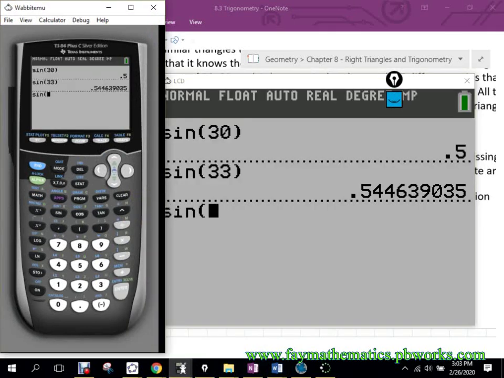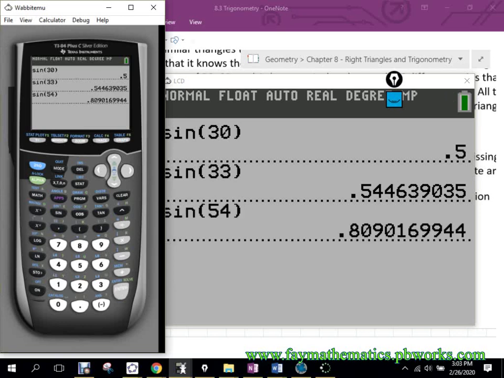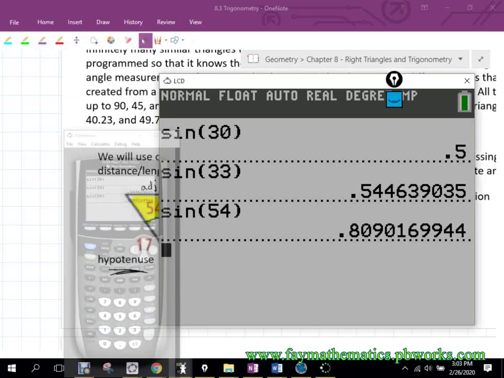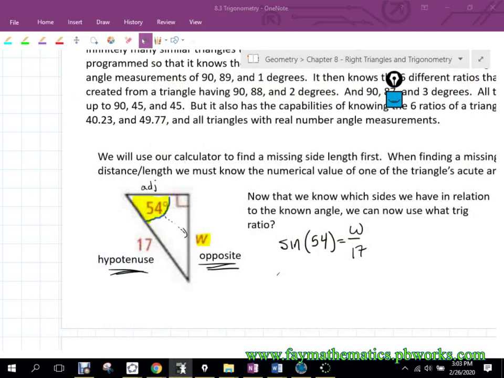If I go sine of 54, it's saying my scale factor is 0.809 to 1. Does that make sense? So one of my triangles has maybe a length of 1, and the other triangle is 80% of that. That's one way to think of and view that.